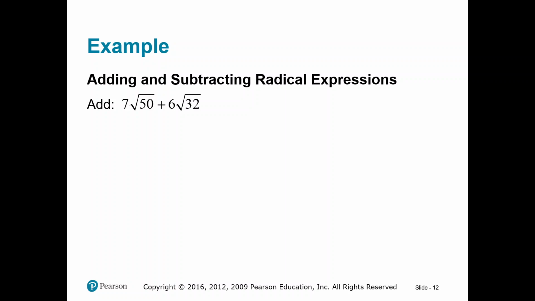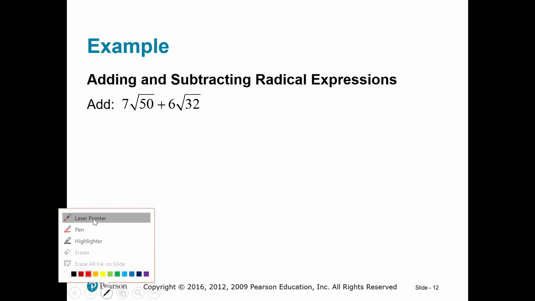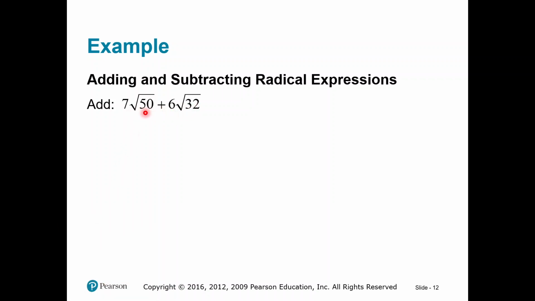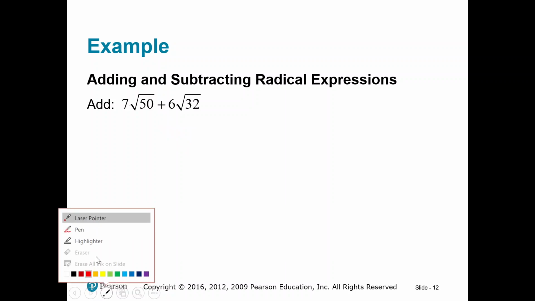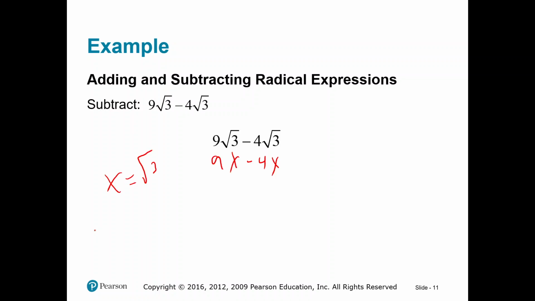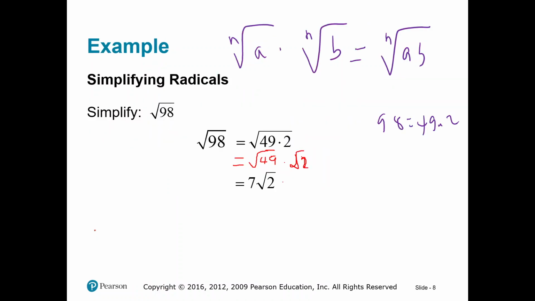What about this? 7 square root of 50 plus 6 square root of 32. Now this one, they have a different radicand because 32 is not the same as 50, even though they have the square roots. And so we have to split like we did in this one, the square root of 98.